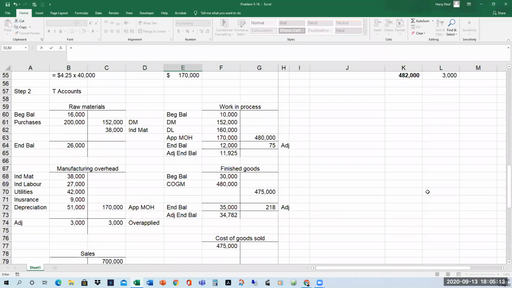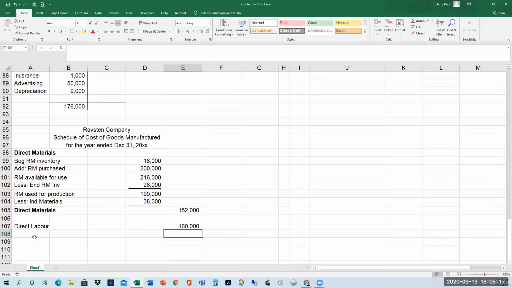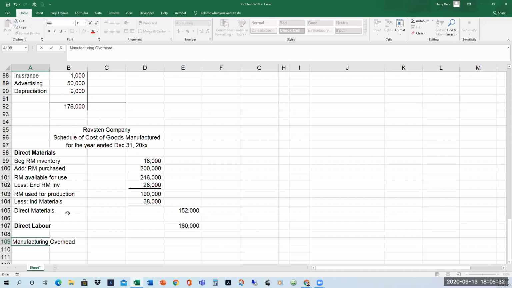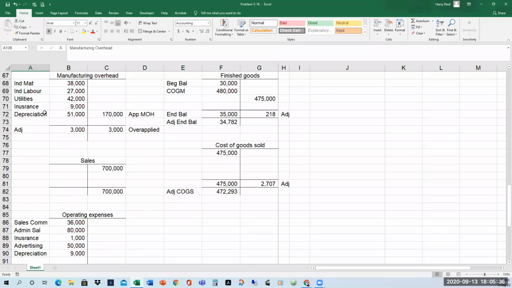Direct labor, 160,000. And then manufacturing overhead, we had a bunch.